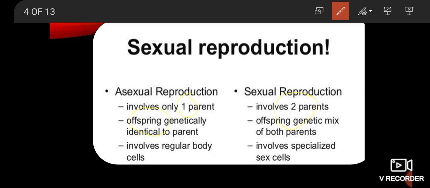Many different types of cells are present in our body. In a particular tissue, particular cells are present which do the same kind of function. In the same way, particular cells are present in our body which do the process of reproduction. They are called sex cells, and those sex cells are involved in sexual reproduction.